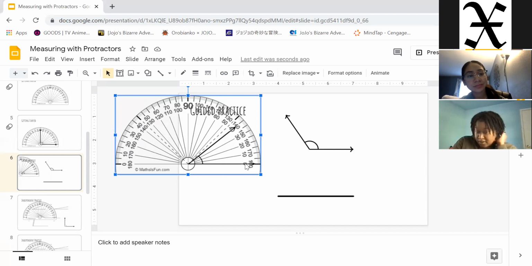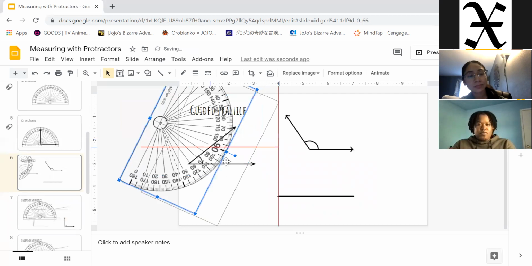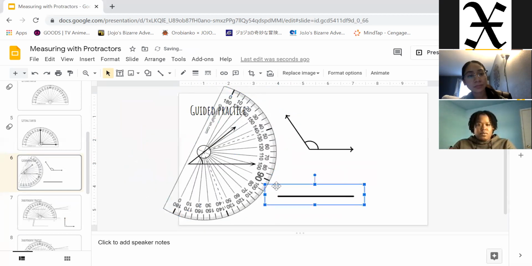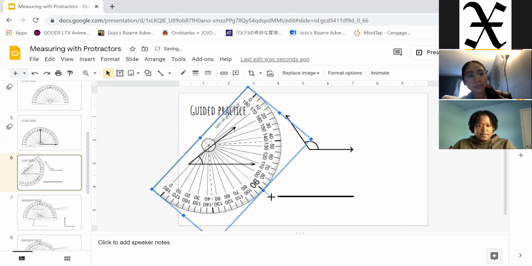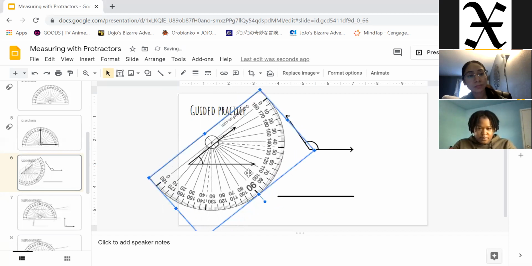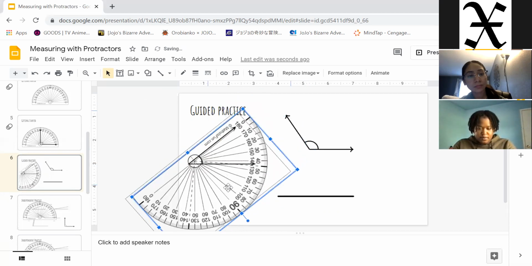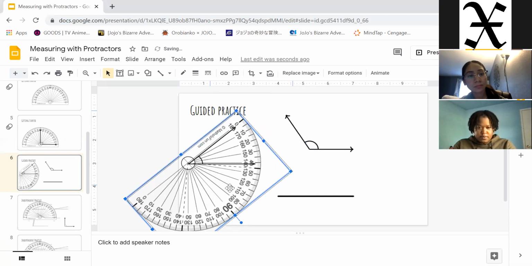Yes. So if I tilt my protractor like this, I could still get the same answer. Yes. All right, let's test this theory. Let's put it right here and line it up.